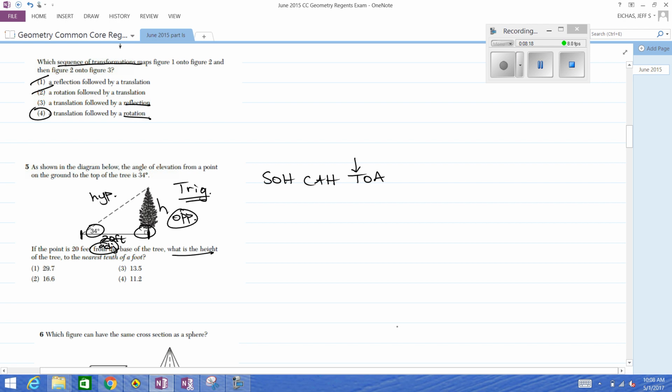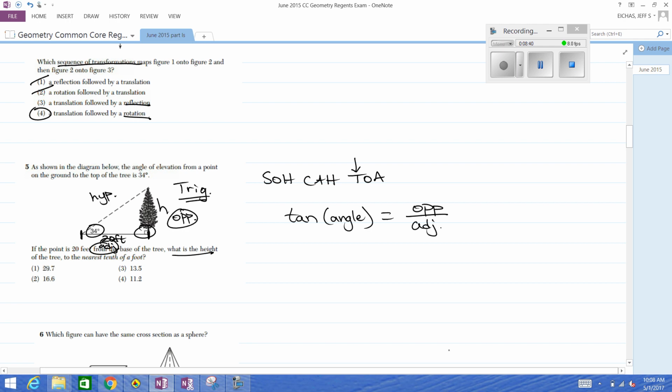So to write out these trig functions, you need tangent of some angle, it's a function, equals the side, it's a ratio of two sides. Tangent is the ratio of two sides, and it's the opposite side over the adjacent side.